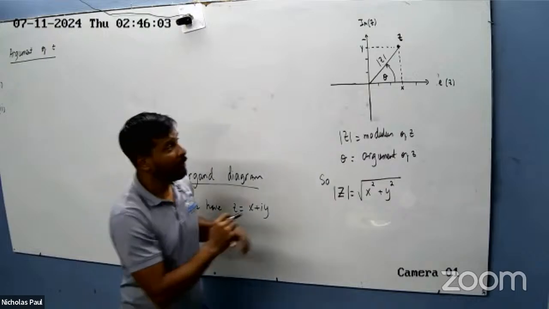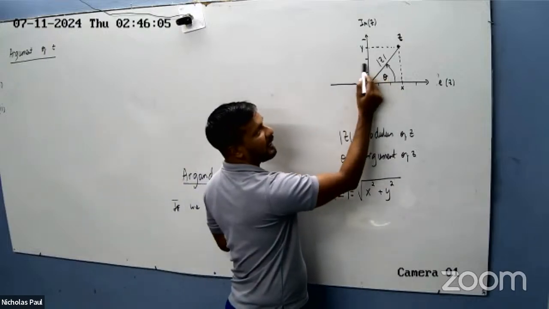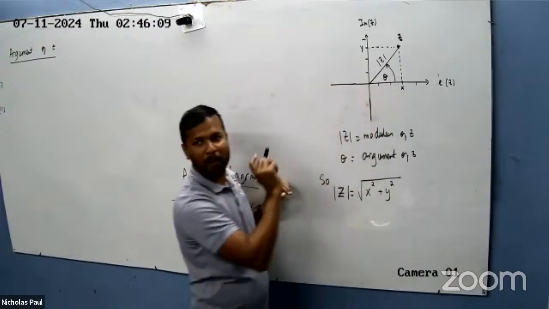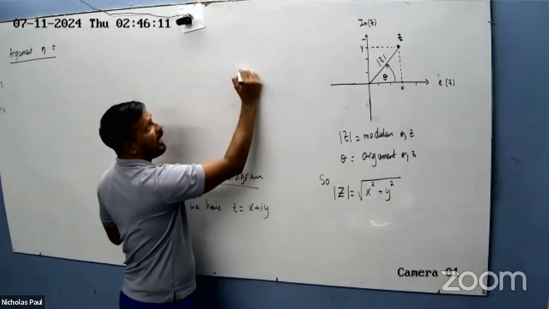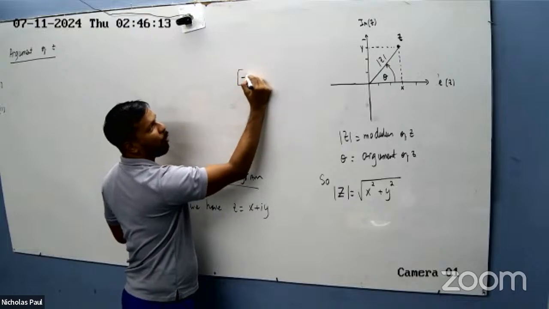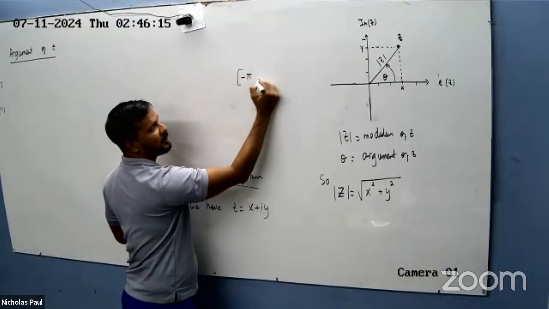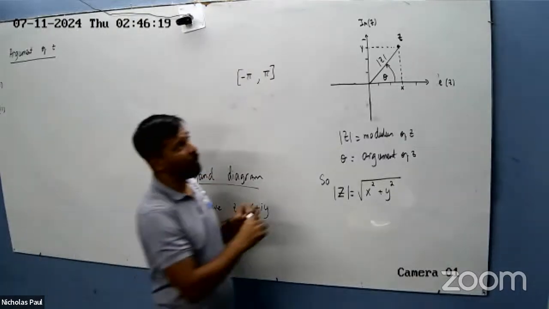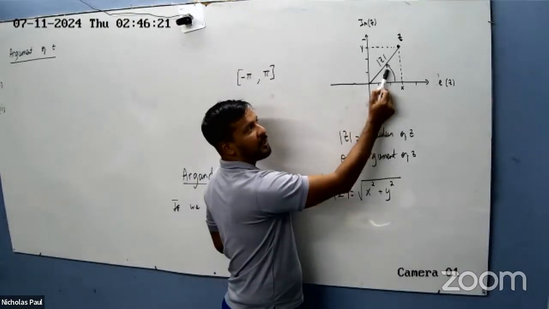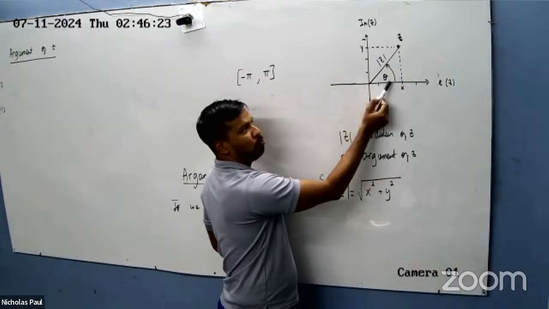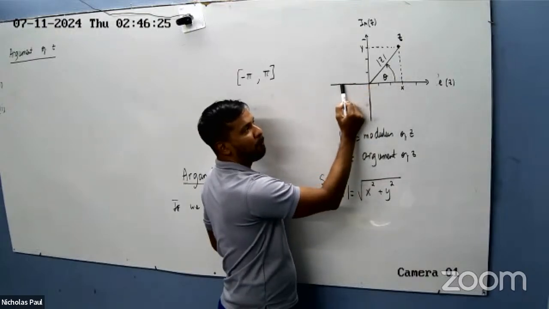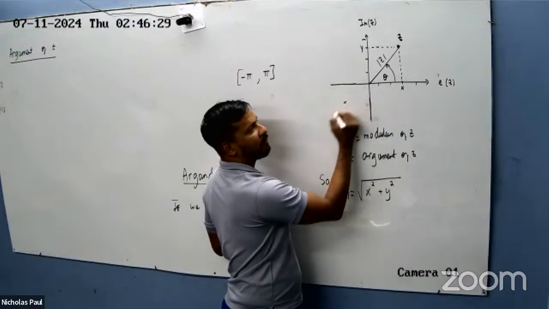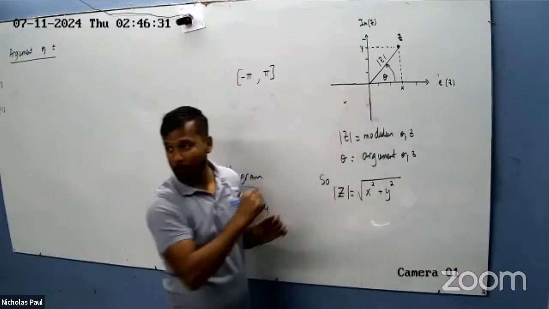It is any angle measured from the positive x-axis, but there's a slight problem: the argument can only fall within the range minus pi and pi. If you measure from here all the way around to here, what's that angle? Pi. But what will happen if the point is down here? It'll go more than pi.